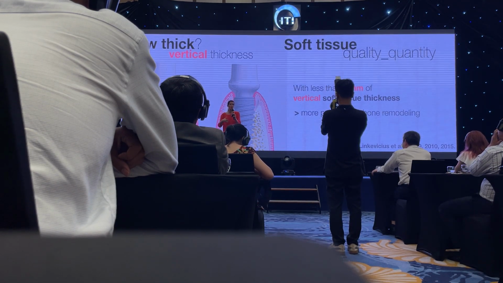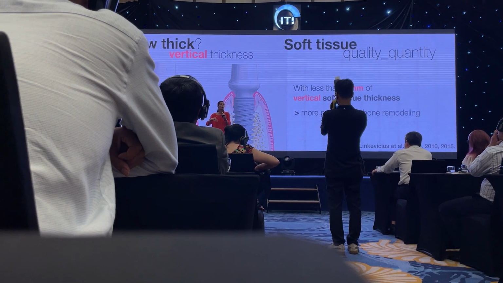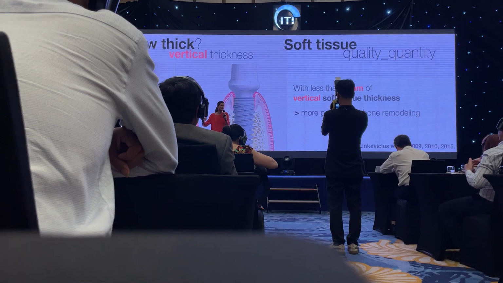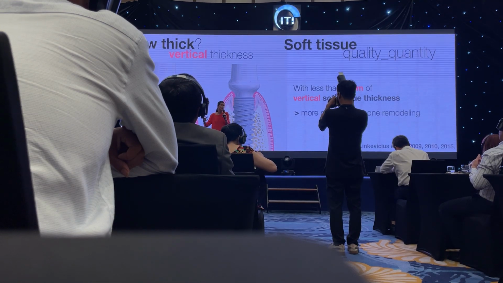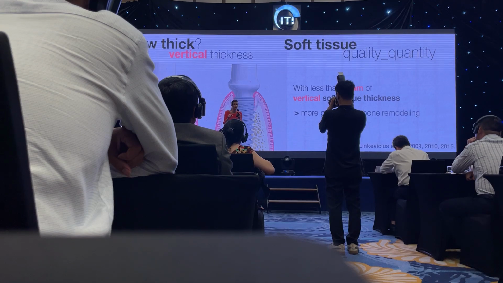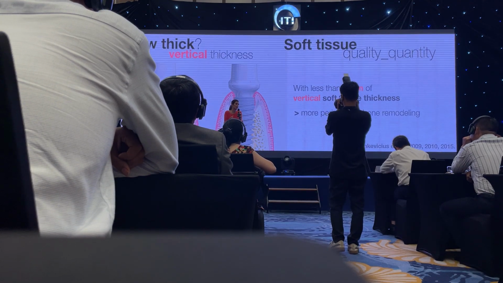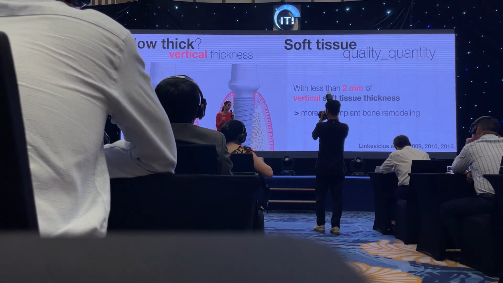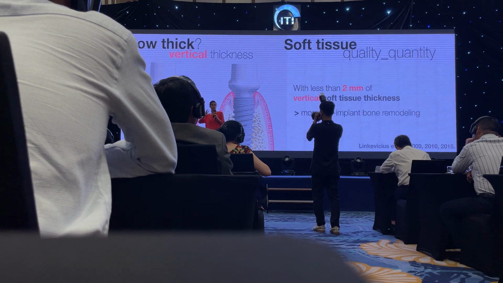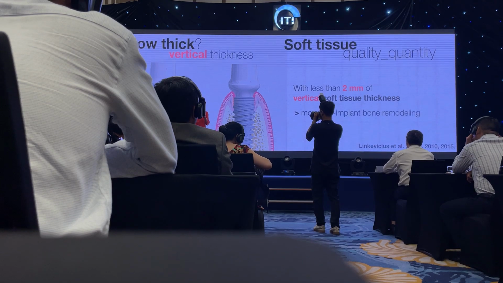So basically it's an early bone loss, an early bone remodeling that may be problematic, because that might also be an open door for the colonization of bacteria on the implant surface that is moderately rough.